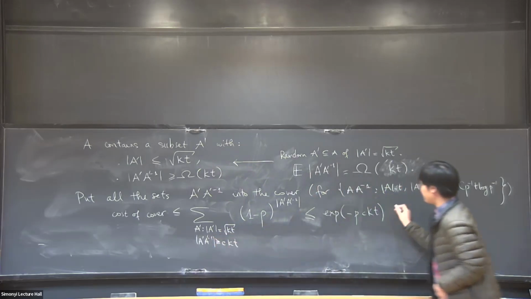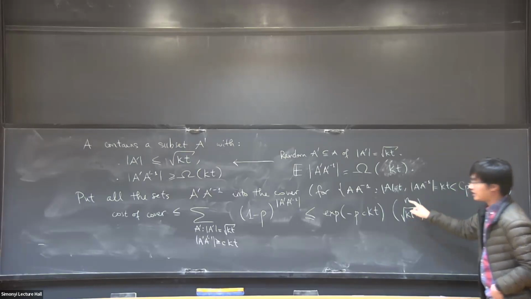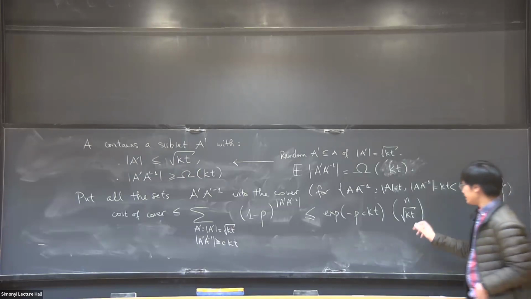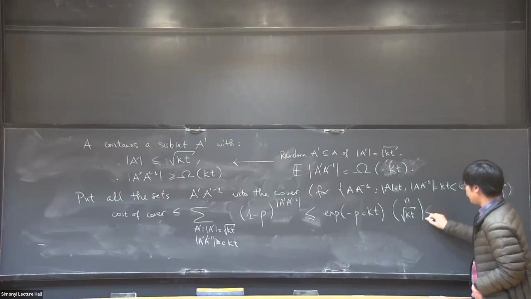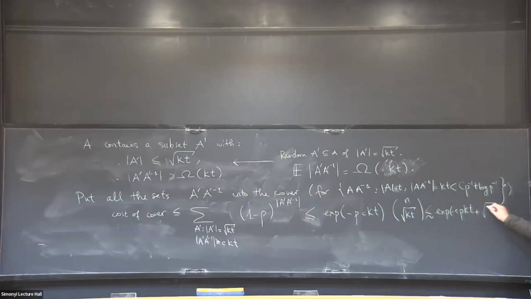The number of terms is at most n to the square root of KT, where n is the size of the group. And now we can see that this is roughly exponential of minus P K T plus, let's say, square root of KT log n.